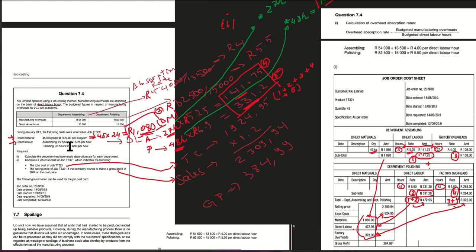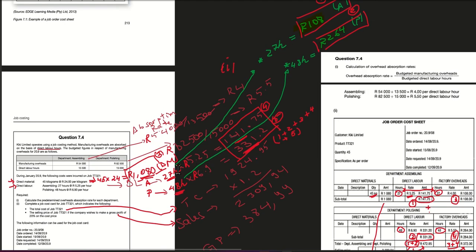48 hours multiplied by this rate of 6.9 per hour. The 6.9 rand is a rate for direct labor, not indirect labor. But now if we want to find the overhead, since we are using the basis of direct labor, we will take the 27 and 48.